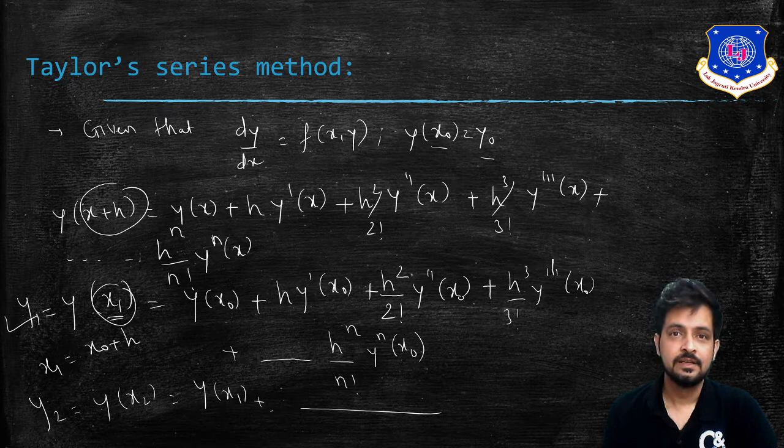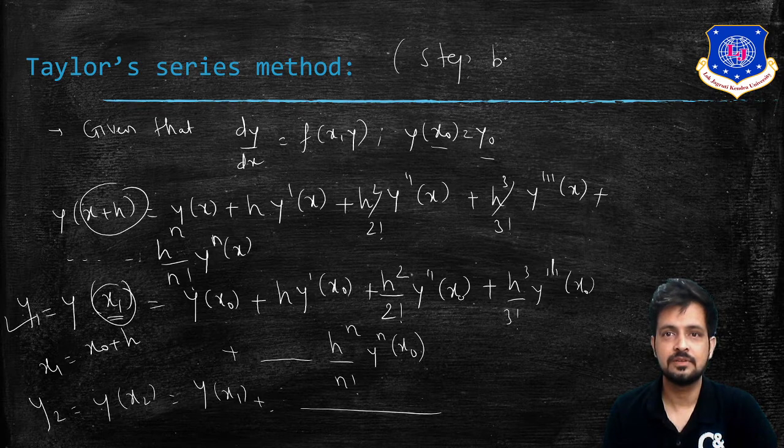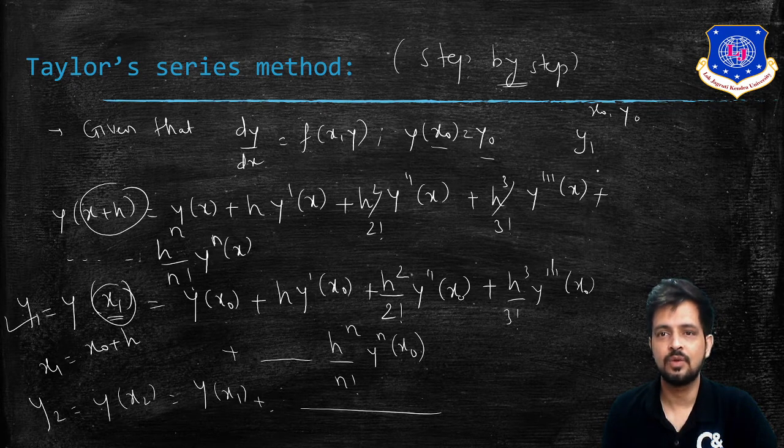See, these types of methods are known as step-by-step methods. Remember why they are known as step-by-step methods? Because to find y1, x0, y0 are required. To find y2, x1, y1 are required. So we have to solve this step by step. First of all we will find y1, then y2, then y3.